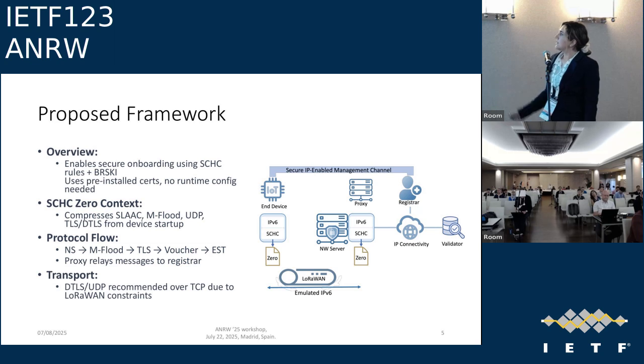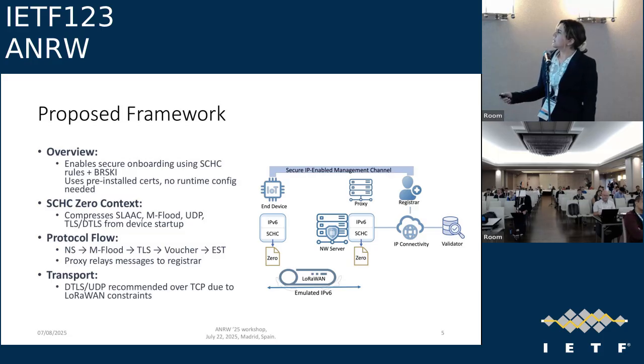So the thing we did is that we defined a SCHC context, named SCHC0, embedded on the end device, and the same thing on the network server. So we can make sure that the packets passing from this IPv6 network are able to be passed through these constrained networks. So the headers are compressed in between.